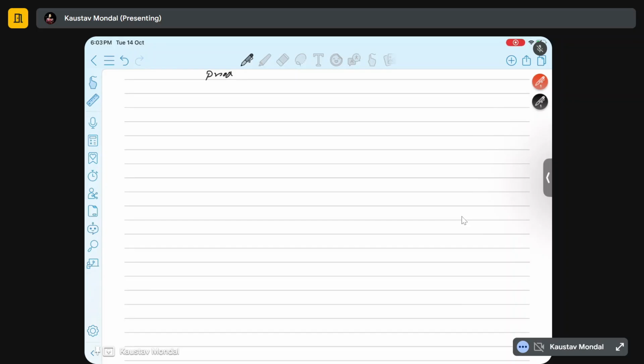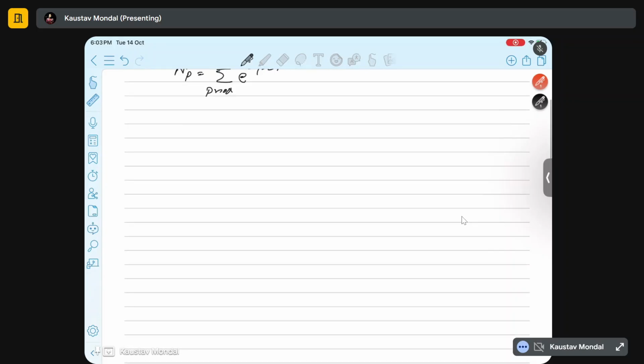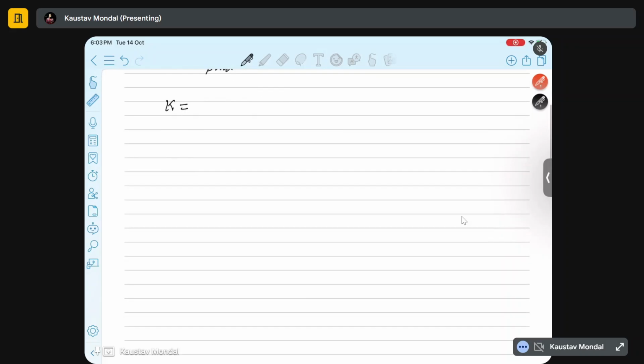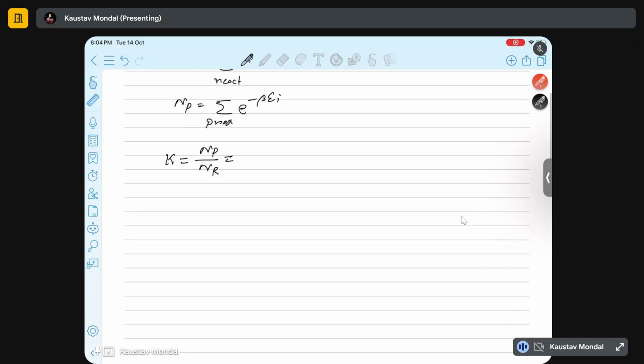Now from here the equilibrium constant K for this reaction can be written like this: K equal to the ratio of NP by NR, or we can write this NP and NR like this. So NR we can write, we have actually proved this, N by Q into QR.